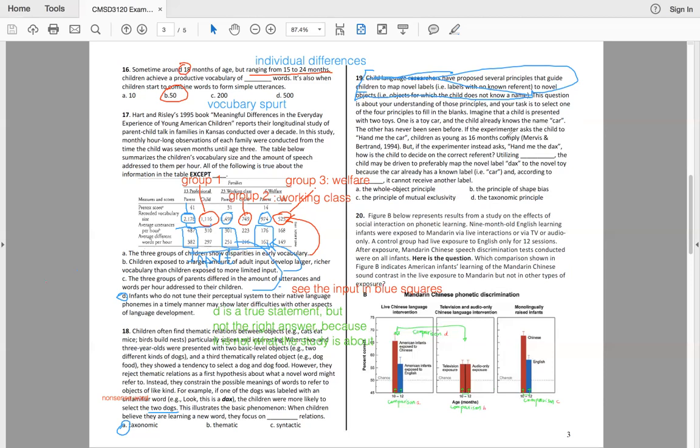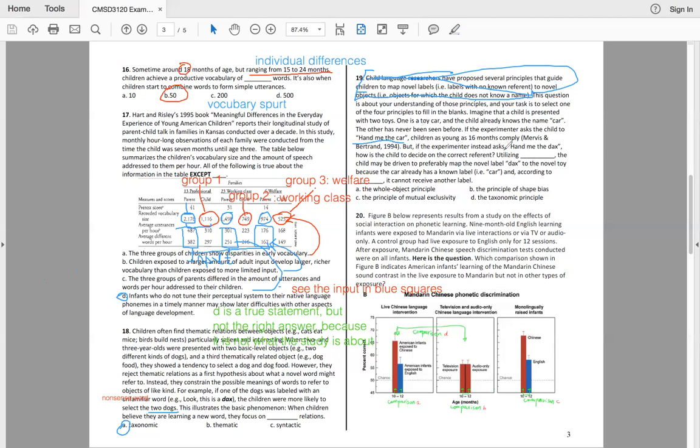If the experiment asks the child to hand me the car, children as young as 16 months can follow the instruction. They understand the instruction. In particular, they know the word car, because they have already known the name car for the toy car.